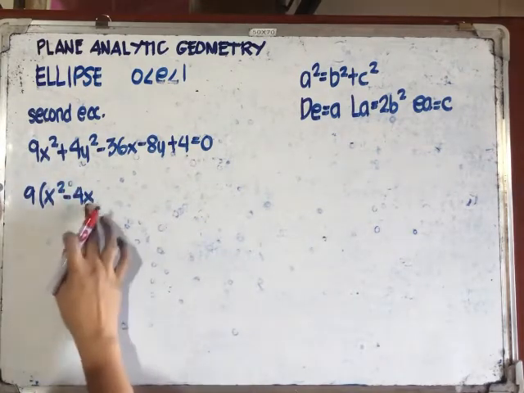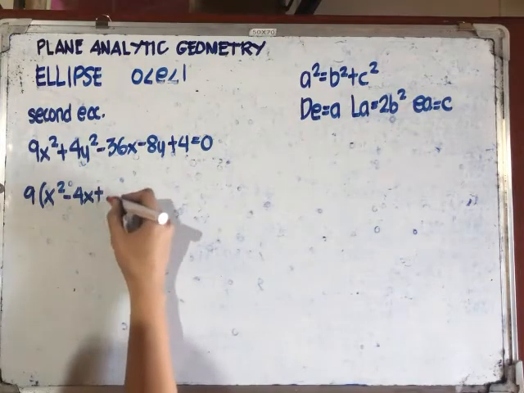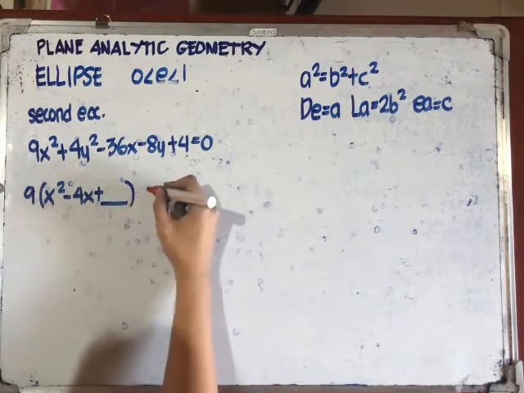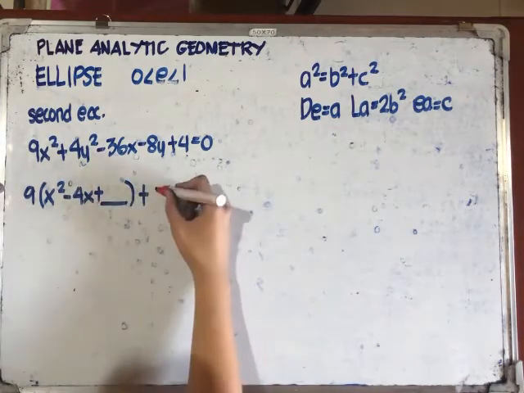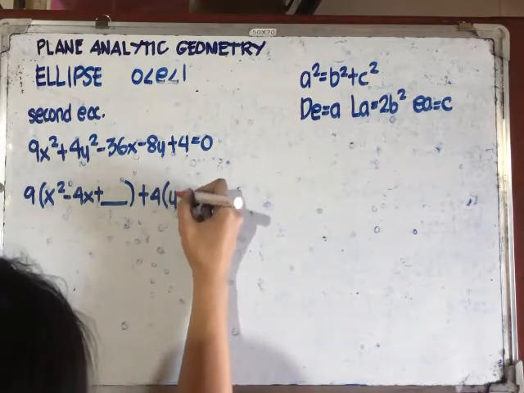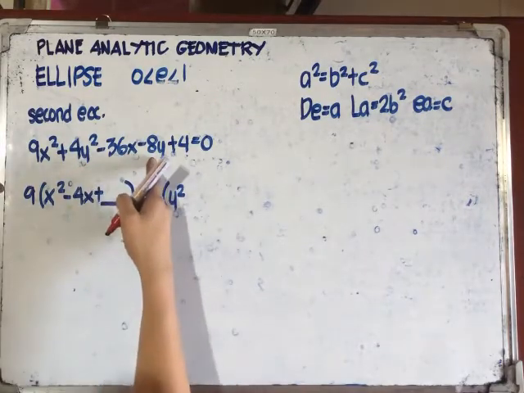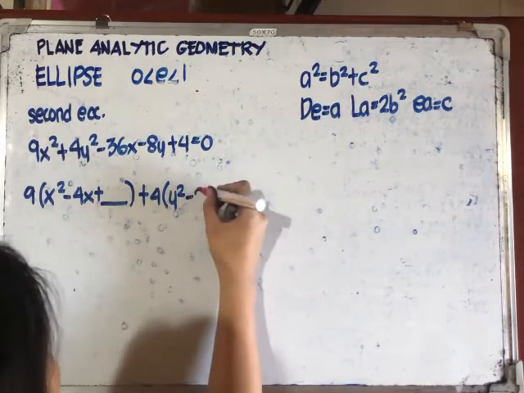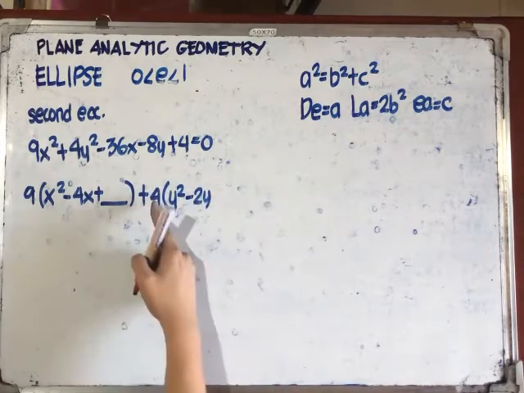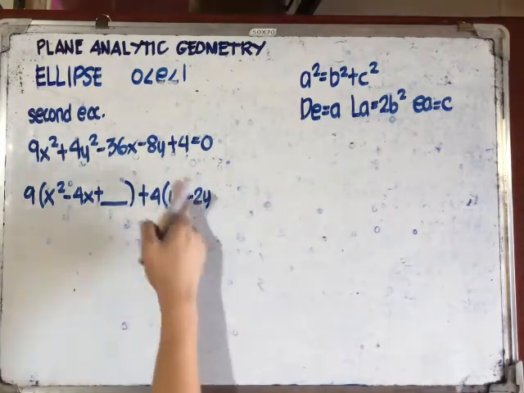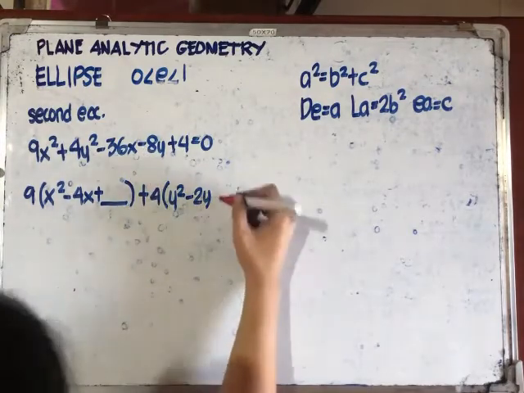Tama? Kasi 9 times 4 will give you 36x. Plus, i-complete natin yung square. Yung y naman, ilabas natin yung 4. So that this would be y squared. Yung partner niya is negative 8y. So ito magiging negative 2y na lang. Pag multiply mo ng 4 at negative 2, that will give you negative 8.